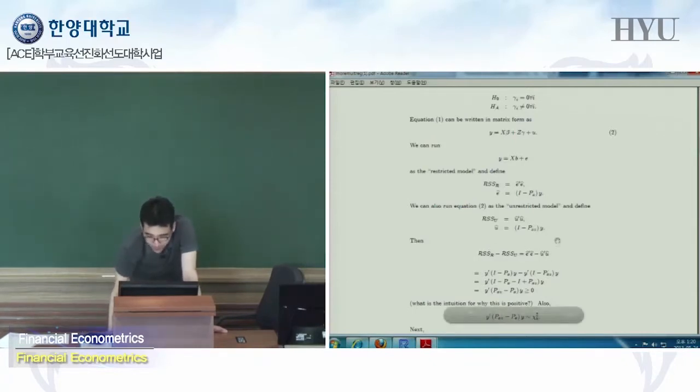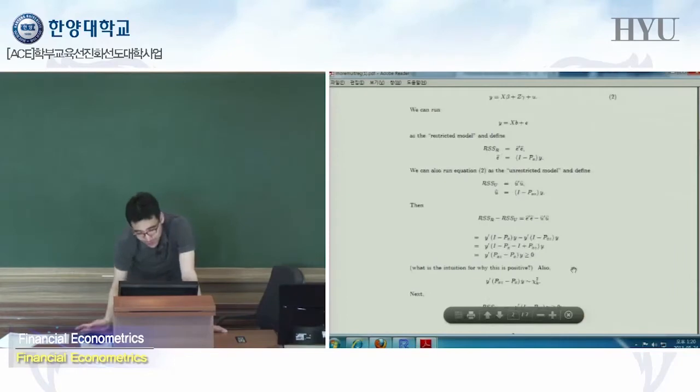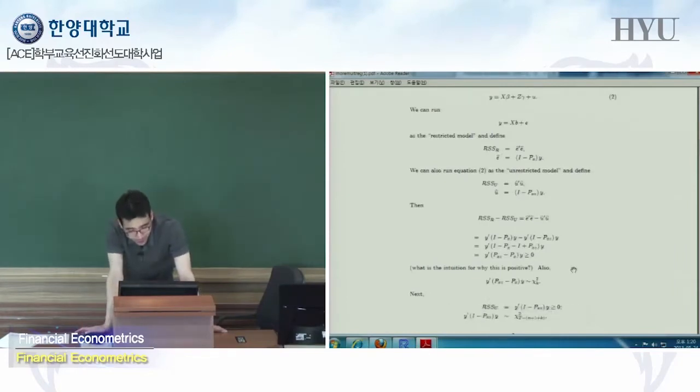Anyway, this should always be greater than or equal to 0. And e hat prime e hat is y prime (I minus pxy) minus y prime (I minus pxz).